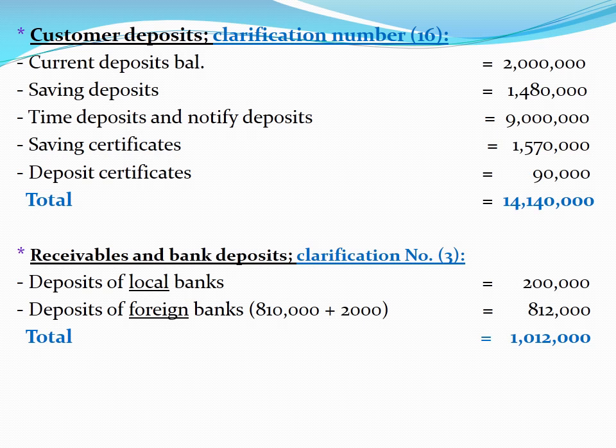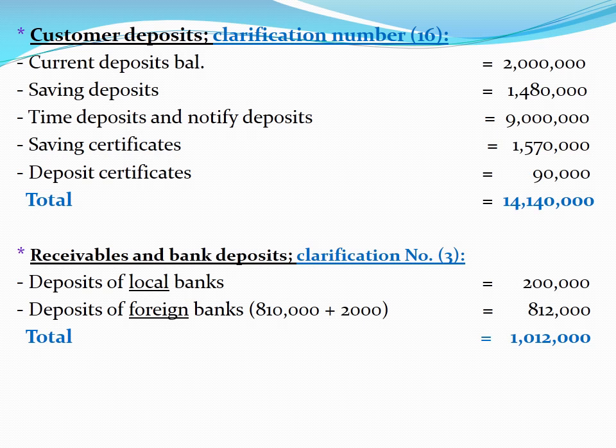Receivables and bank deposits. Clarification number 3. Deposits of local banks 200,000 from the trial balance. Deposits of foreign banks 810,000 plus 2,000. Do you know what about the 2,000? The 2,000 appeared in the adjustments. You will find it in number 2 in the adjustments, page 244.